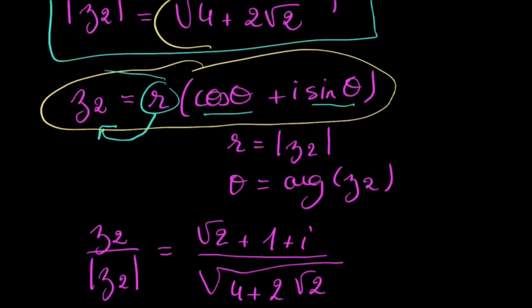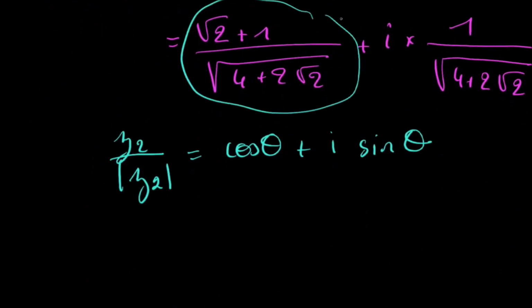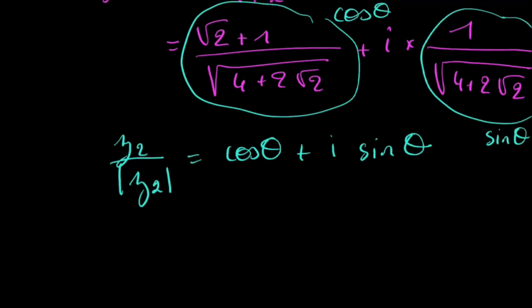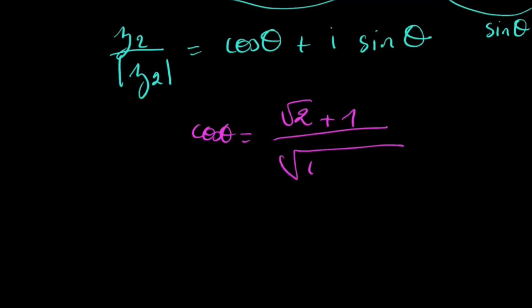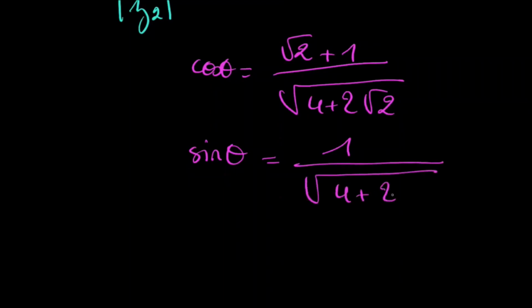Then we can recognize here cos theta, and here the imaginary part is sin theta. So now we know the values: cos theta equals root 2 plus 1 over root 4 plus 2 root 2, and sin theta equals 1 over root 4 plus 2 root 2.